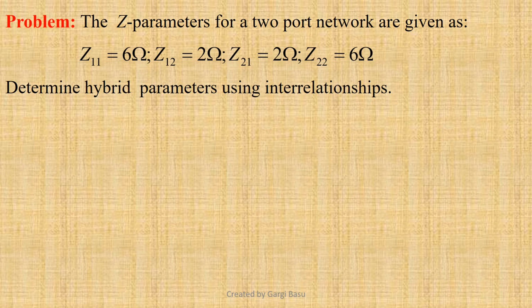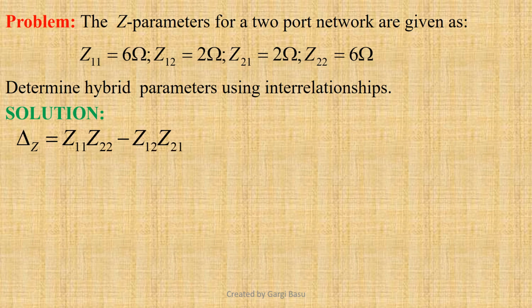We have to determine hybrid parameters using interrelationships. We know for Z parameters, delta Z = Z11 Z22 - Z12 Z21. Putting the values, we get delta Z = 6 × 6 - 2 × 2, that is equal to 32.